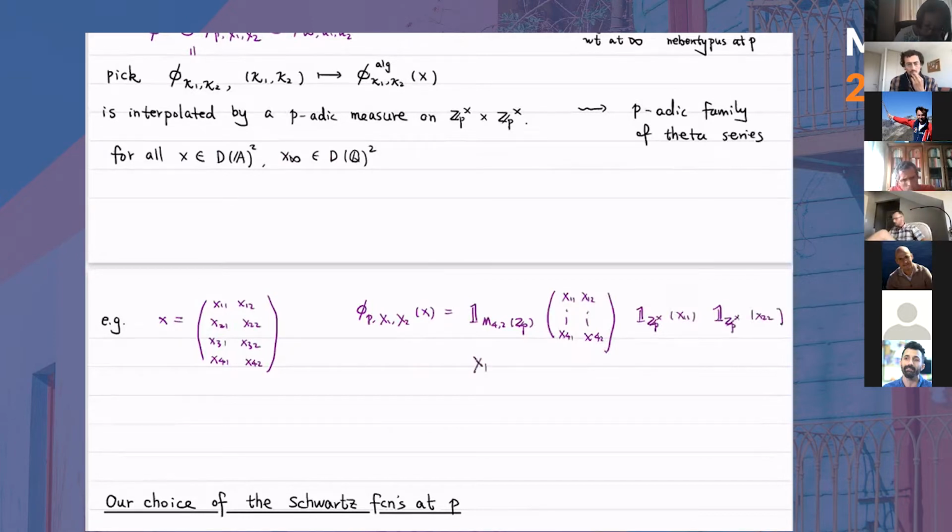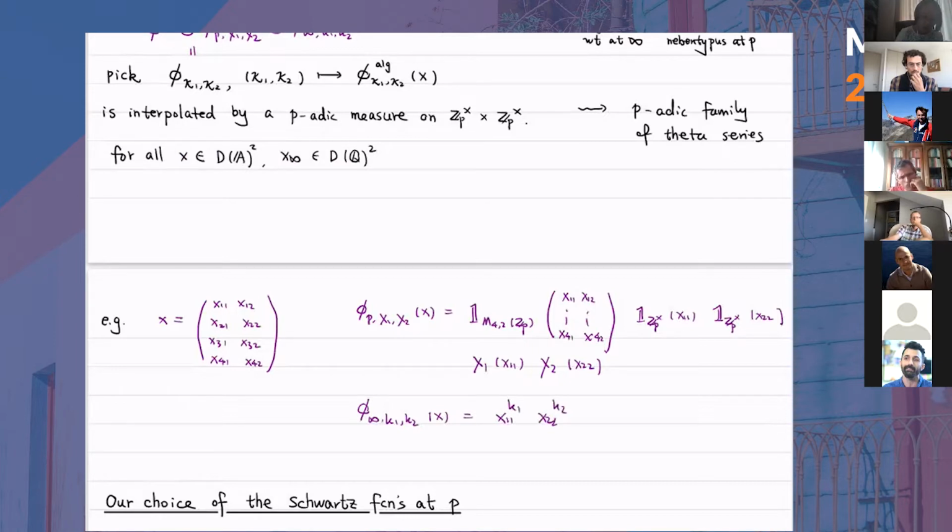Then I take the value of chi1 at x11 and the value of chi2 at x22. And for the infinite part, I can simply take x11 to the k1-th power and x22 to the k2-th power.